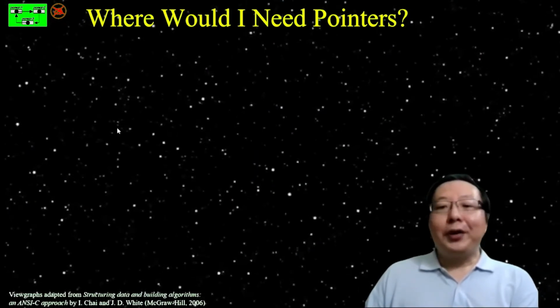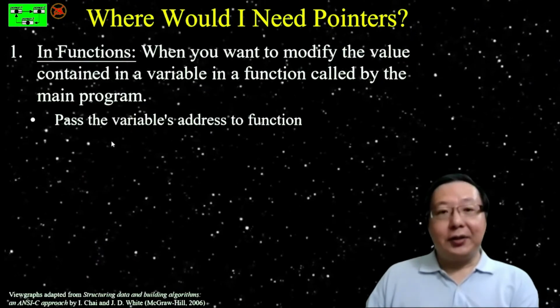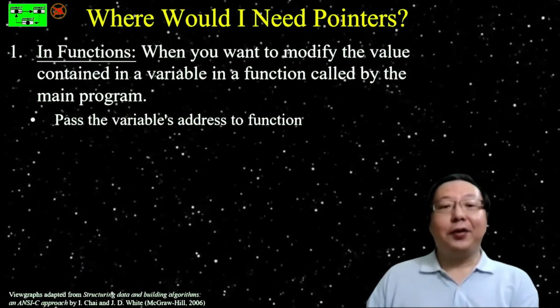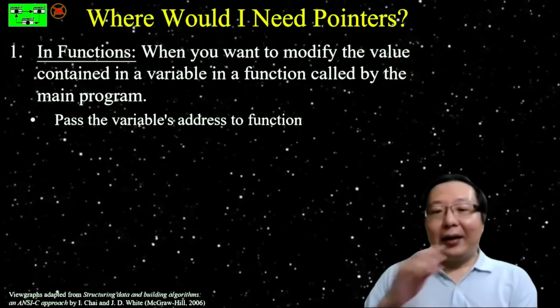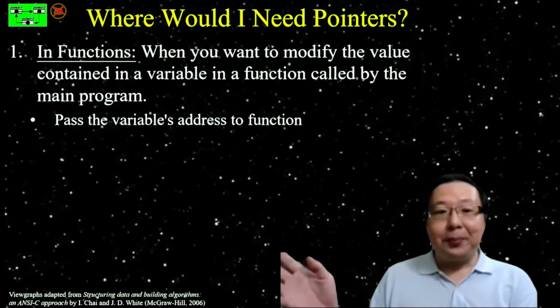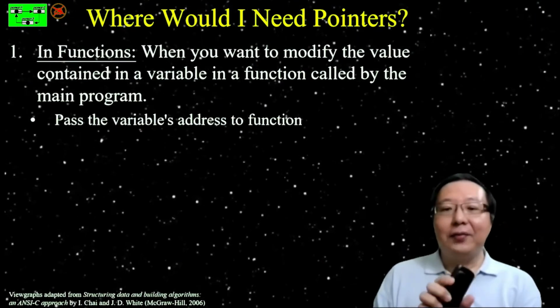Okay, where would I need pointers? Well, you need them in functions when you want to modify the value contained in a variable, because a function is like a different room.